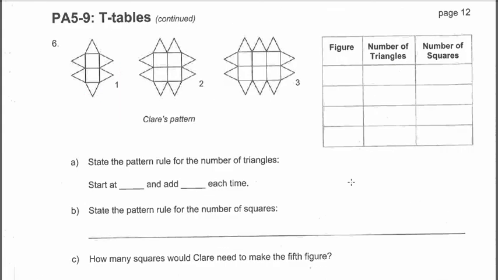Page 12, number 6. Again, we're continuing with much the same idea. So here we have figure 1, figure 2, and figure 3. And so we can put that into our chart here. And then we can count the number of triangles in figure 1. There happens to be 6. And here 2, 4, 6, 8 in number 2.